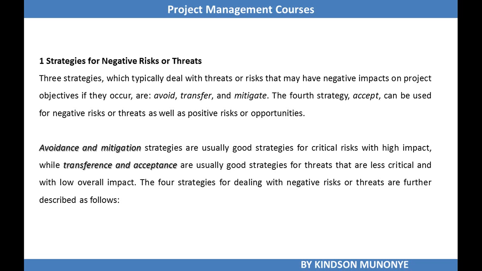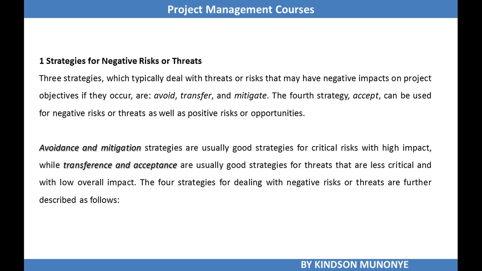Let's now take a look at strategies for negative risks or threats. Take note that a risk is an uncertain event that may have a negative or positive impact. So for risk events that will have a negative impact, what do you want to do? You want to either avoid them, transfer them to a third party, or mitigate them.